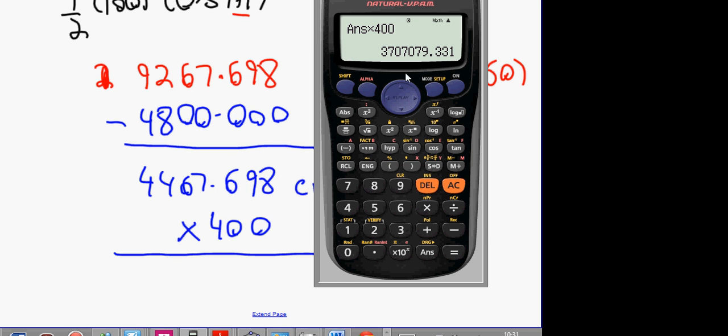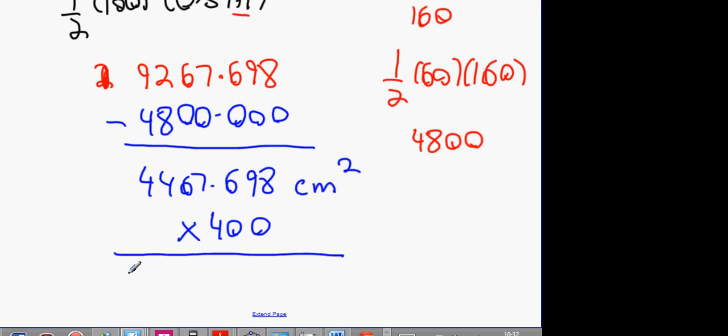Oh no, I didn't take it away, you're right. So what do you get? 1787079.2 centimeters cubed.